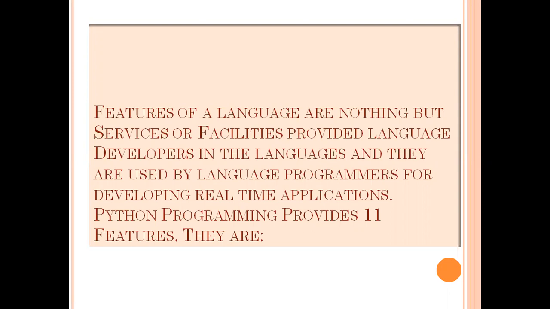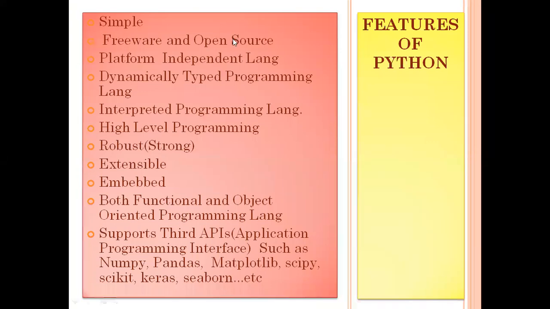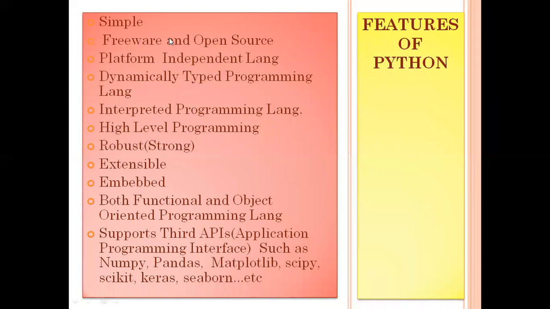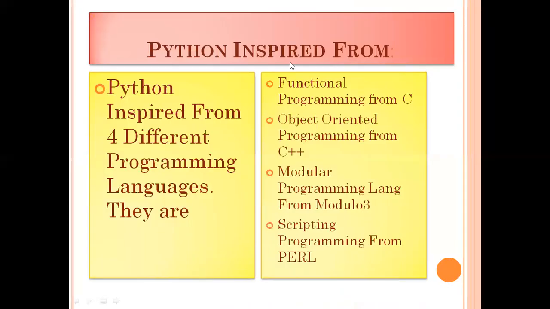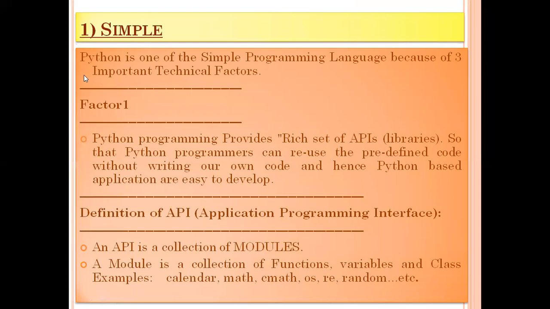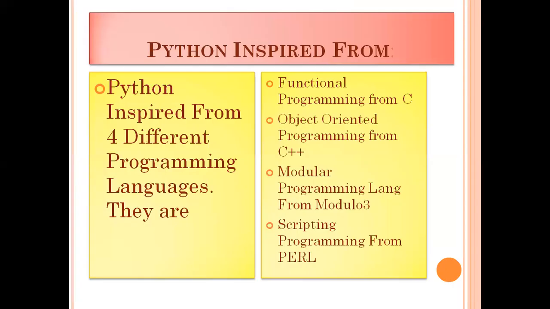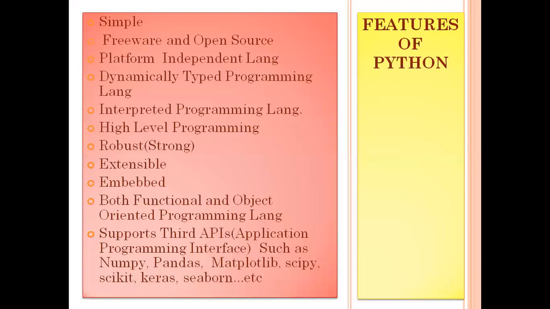Python programming provides 11 features. Let's start with that. It is a simple programming language. It is freeware and open source. It is a platform independent language.